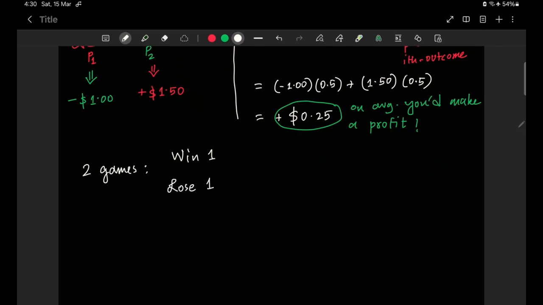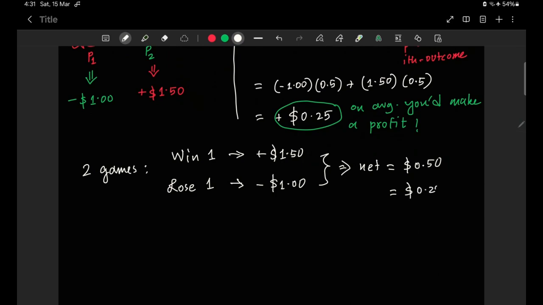So when you win one, you gain $1.50, and if you lose one, you lose $1. And ultimately, what is the net amount that you win or lose? The net is simply 50 cents. So essentially, you're 50 cents more than when you started the game. So per game, you're winning 25 cents. So every time you're playing the game, you're making a profit of 25 cents. So the expectation value suggests that it's a very safe game for you since you're winning. And so you'd go ahead and play the game.